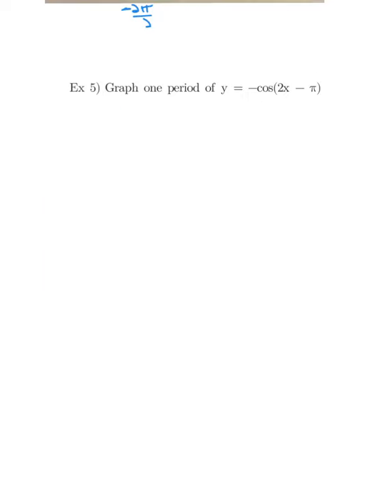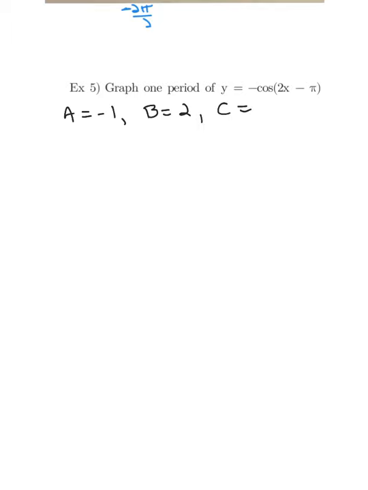For example 5, we are going to graph one period of the function y equals negative cosine of the quantity 2x minus pi. Again, let's find the a, b, and c to help us figure out what each of our pieces are here. A, in this case, is negative 1. B is 2.